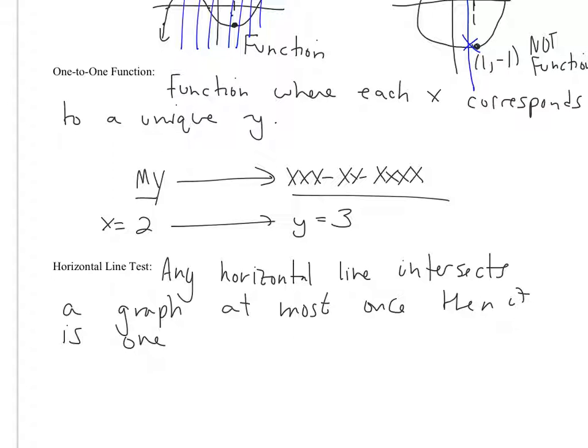And really, the whole reason we bring this up is when we start talking about inverse functions, we really need to have the function be one-to-one to have what's called an inverse function.